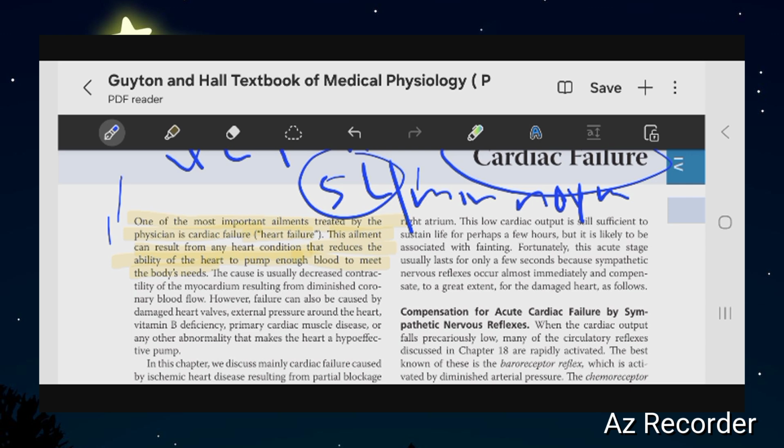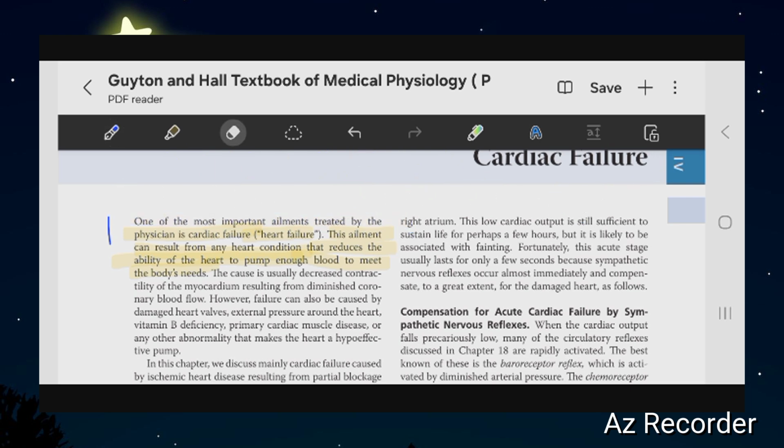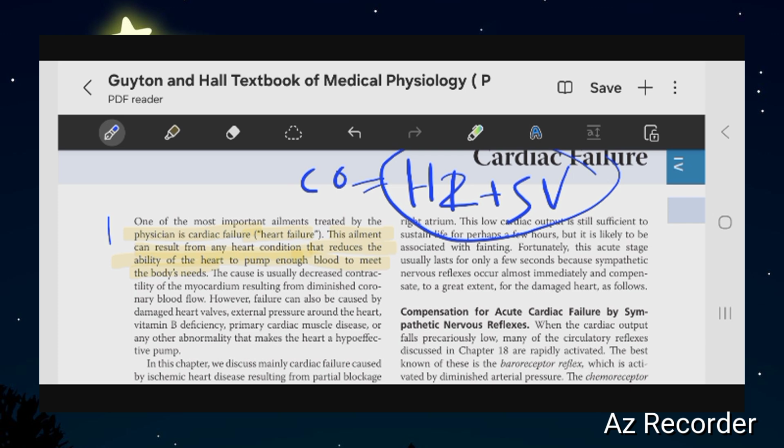And what determines the cardiac output? Heart rate is one factor, and what's the other? Stroke volume. These affect your cardiac output.